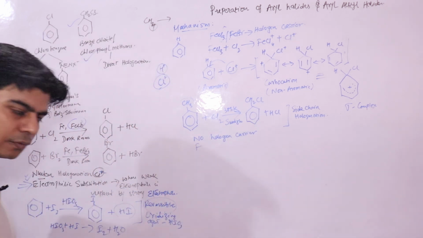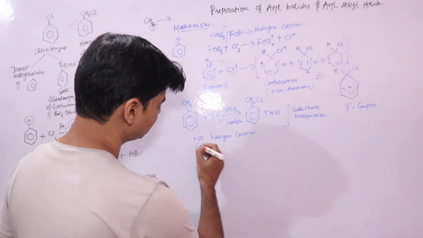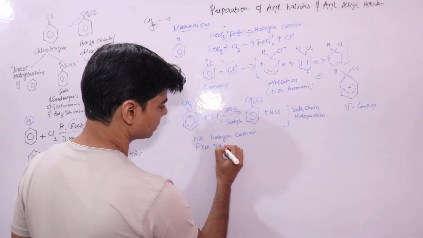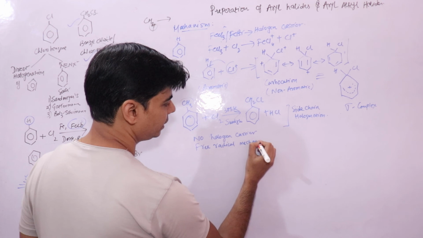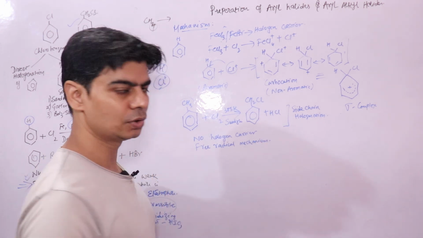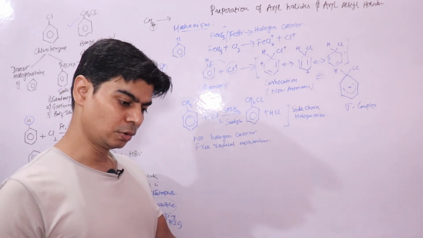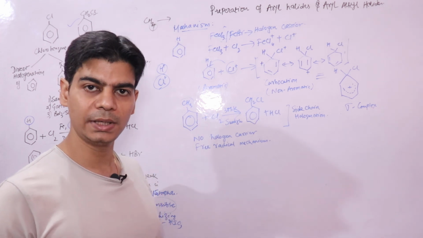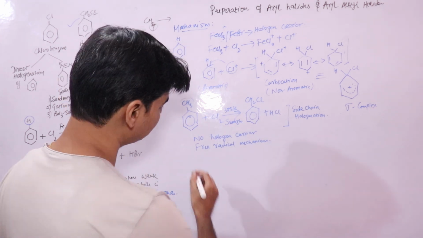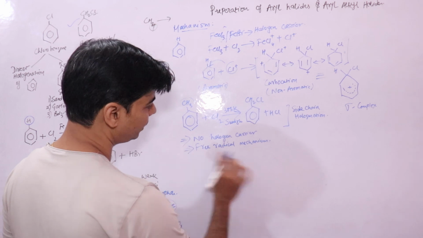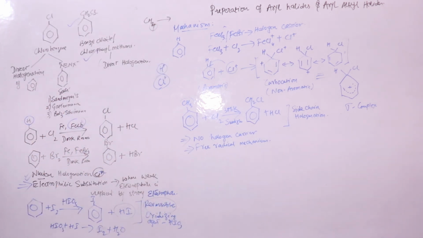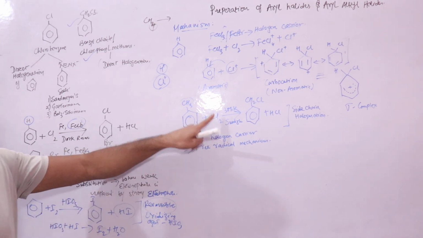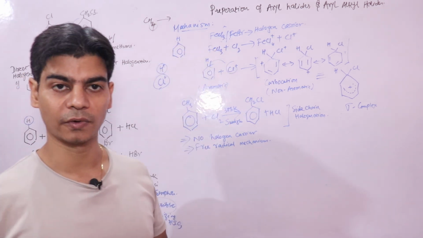Like this was an electrophilic substitution reaction, this is a free radical reaction. This will proceed via a free radical reaction mechanism, like normal hydrocarbons do. Like chlorination of methane, it goes through a free radical mechanism, right? So this also proceeds via a free radical mechanism, right? No halogen carrier is required, because the halogen carrier was required here to produce the electrophile, right?